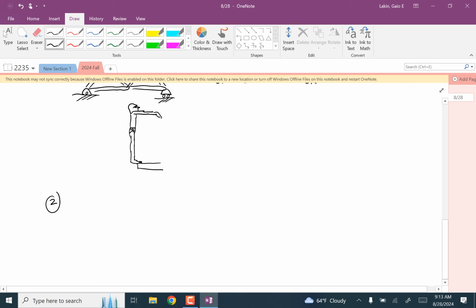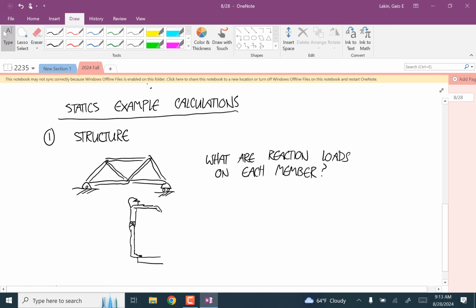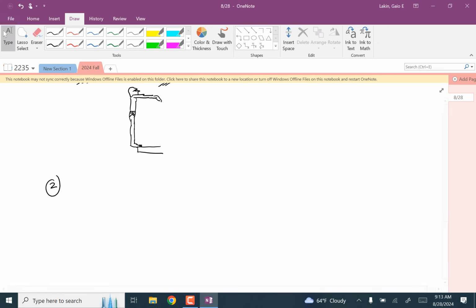Then the second, so this is structures. And then the second big thing we're going to start talking about is internal loads.